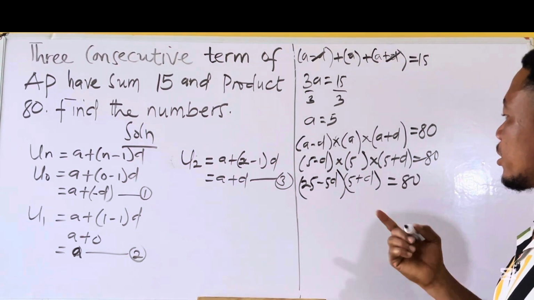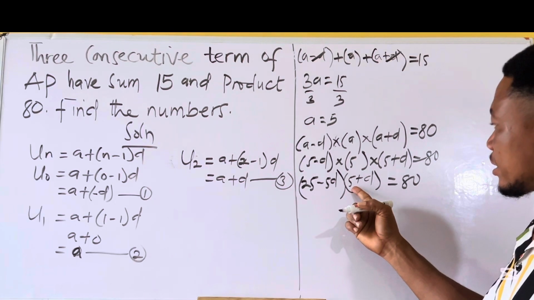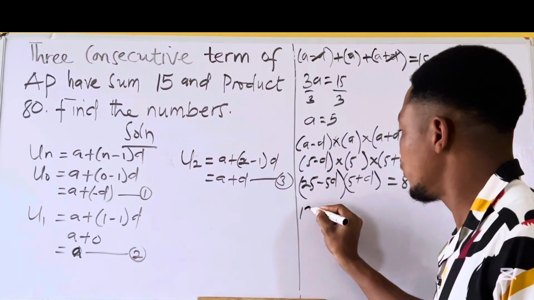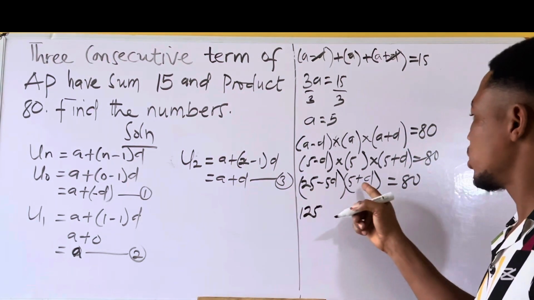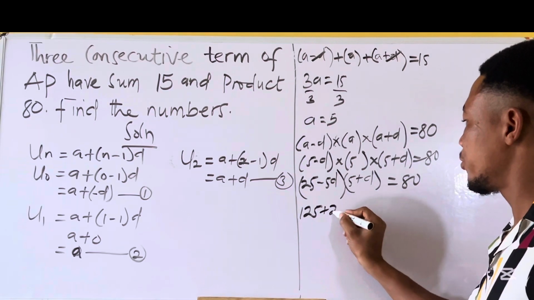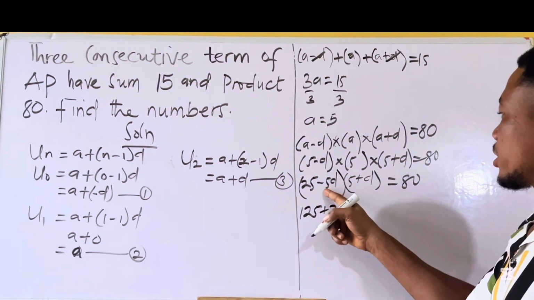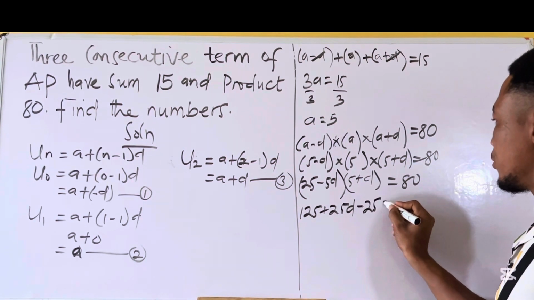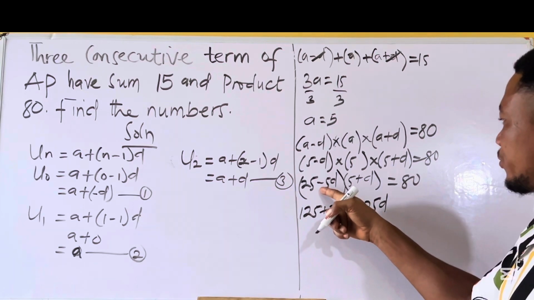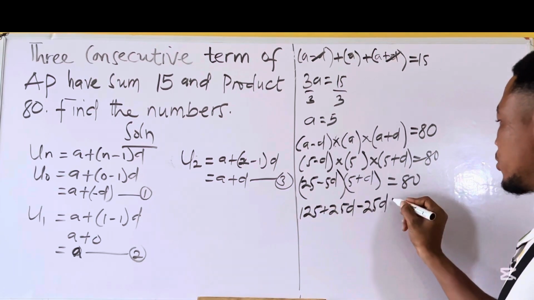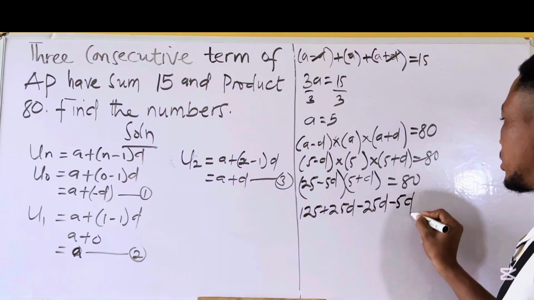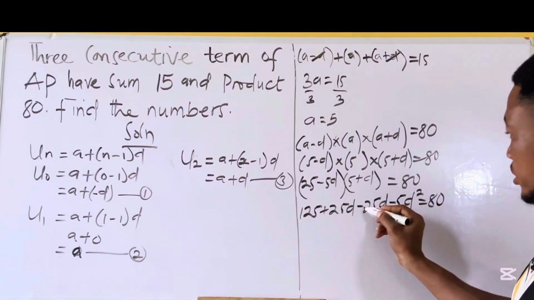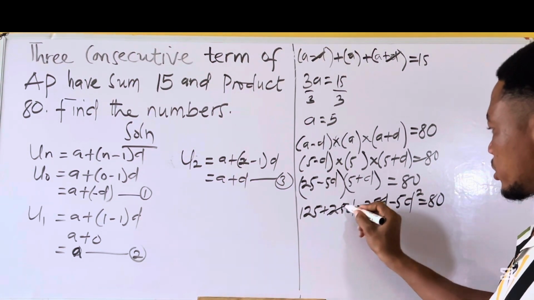Now let's see. 5 multiplying 25 will give us 125. 25 multiplying d will give us plus 25d. Negative 5 multiplying 5 will give us negative 25d. And negative 5d multiplying d will give us negative 5d squared, giving us 80. Of course we know this negative 25d will cancel this positive 25d.